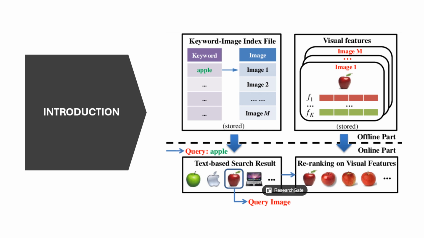After it finds the keyword and image, it will store and go to the query image and the visual image feature to find the image, and it will store and find the match. Here, as we can see, it is an apple, so it will go to this part and re-rank the apple.